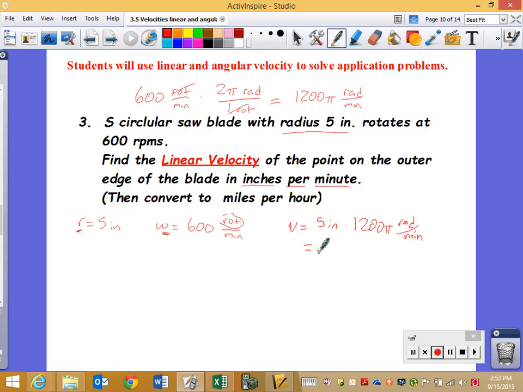Plugging that into my calculator, it's going to come out with an answer of 6,000 pi inches per minute. To give you an idea of what that actually is, it's about 18,849.6 inches per minute.